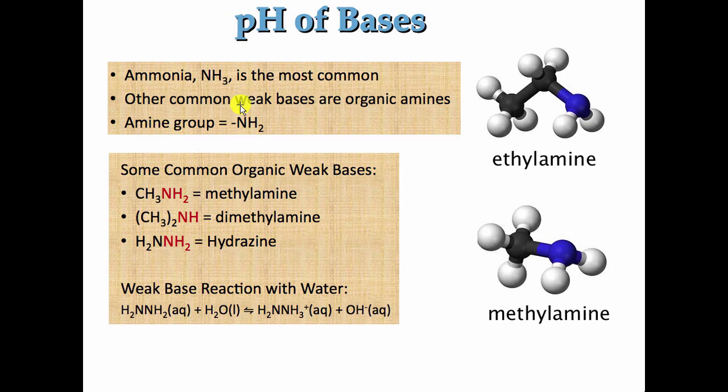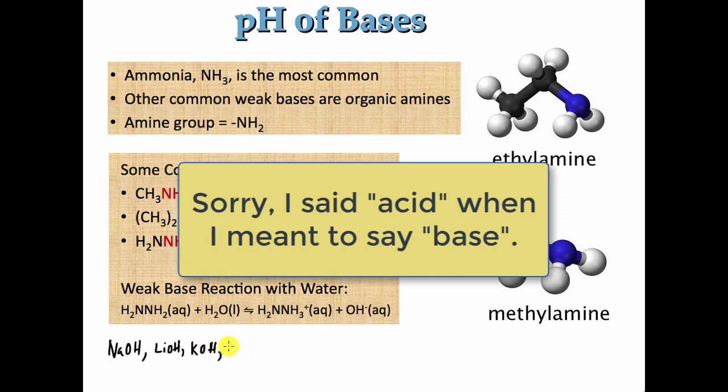The same thing here. Strong bases, the 6 ones that you were supposed to memorize, are not going to require any sort of Ka or Kb in this case. So that would be NaOH, lithium hydroxide, potassium hydroxide. These would be your strong bases that will not require equilibrium.